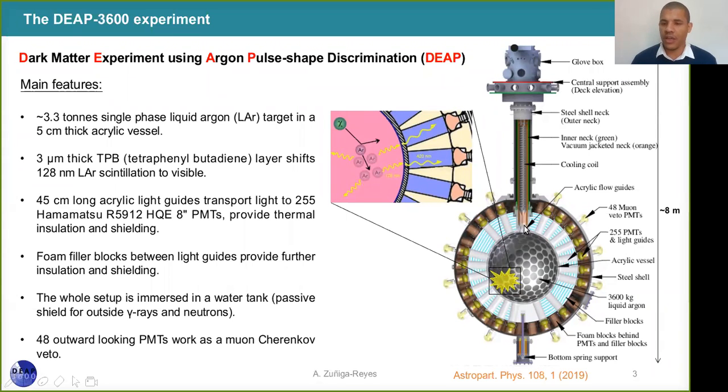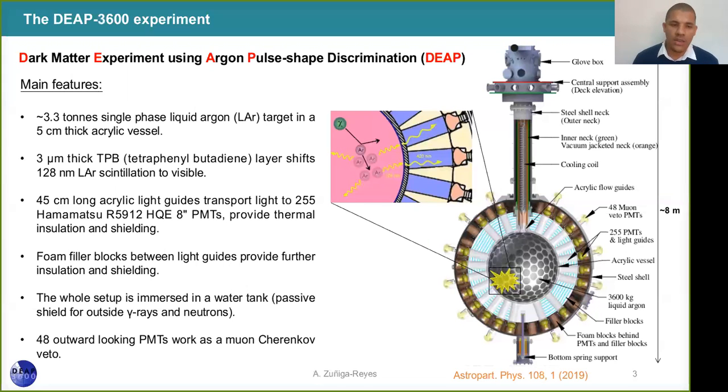The inner surface was covered with a TPB wavelength shifter that helps to transform the scintillation light produced in the argon when particles interact. And then this light produced travels through different light guides and is detected by high quantum efficiency PMTs. And after that we process the signal.